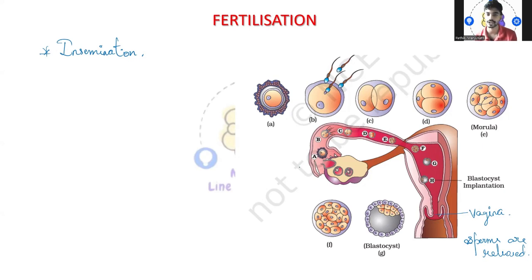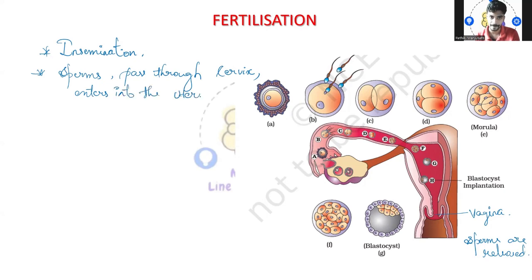Sperms, we know, are motile. They swing and move rapidly, and pass through the cervical canal, later enter into the uterus, and finally reach the ampullary region.